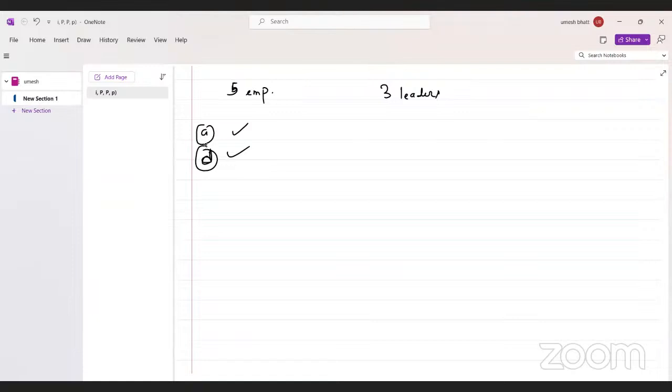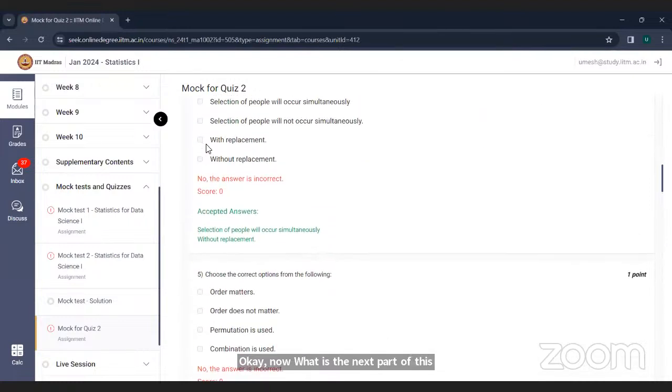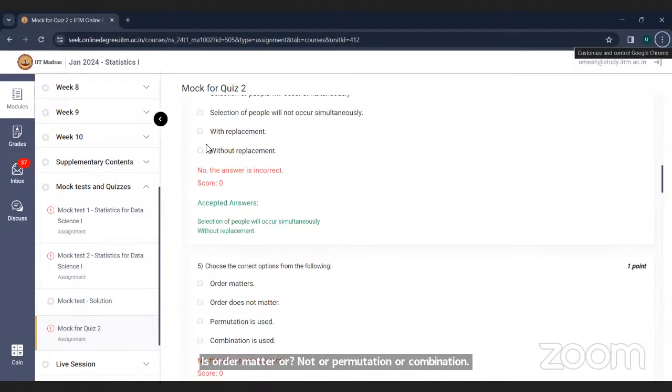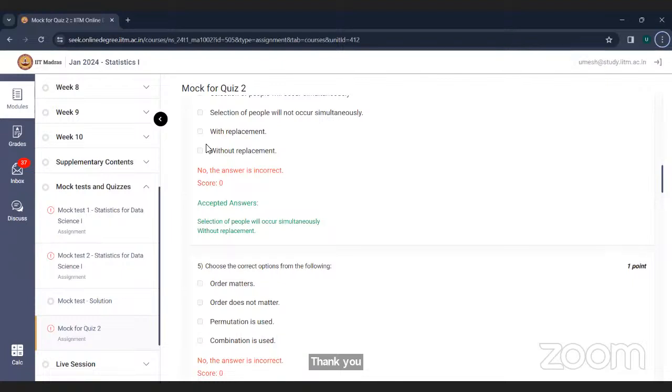Okay. Now, what is the next part of this question? Is order matter or not, permutation or combination? It's permutation, sir. Order matters. Circular sitting comes under permutation, and order matters because we are seeing the arrangement.